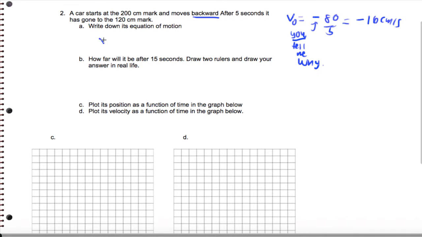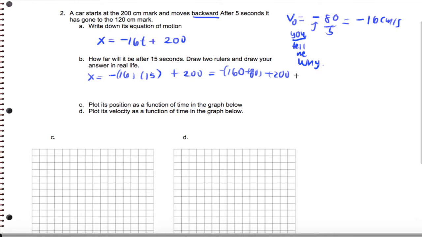So when we write down this equation of motion, it's going to be x is negative 16t plus 200, because that's where we start. And we want to know where we'll be at 15 seconds, so x is negative 16 times 15 plus 200, which is negative 240 plus 200. I'm just doing multiplication in my head.